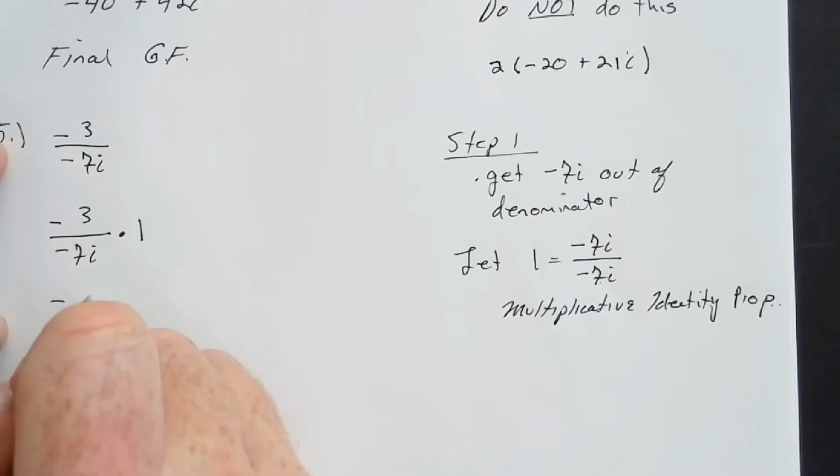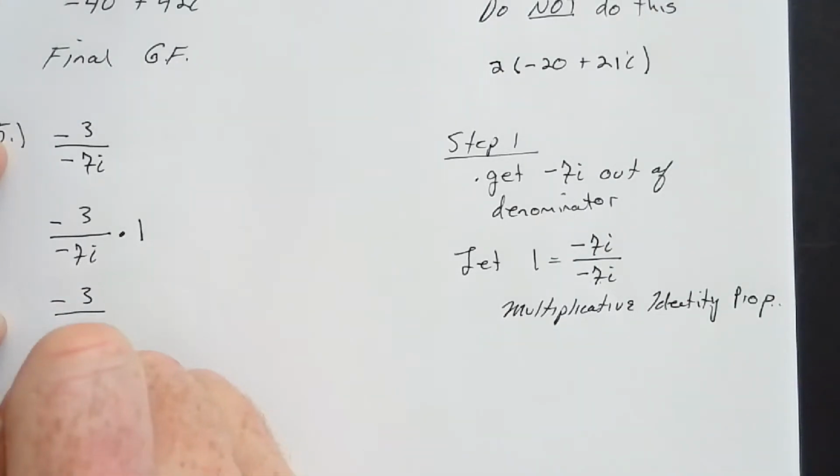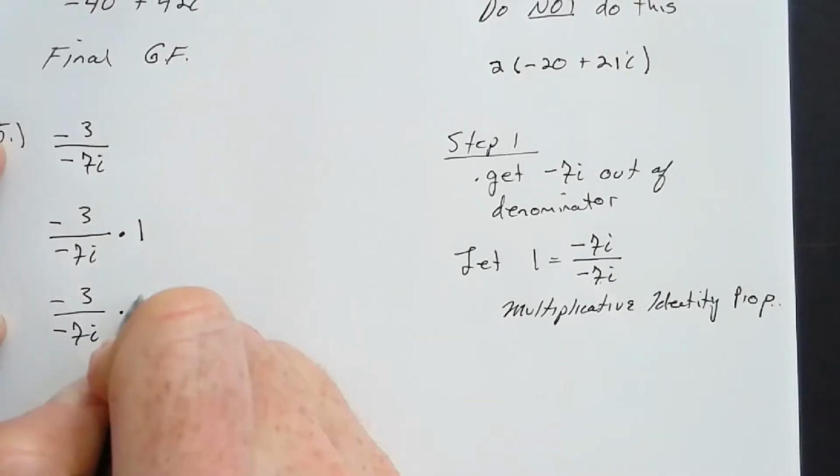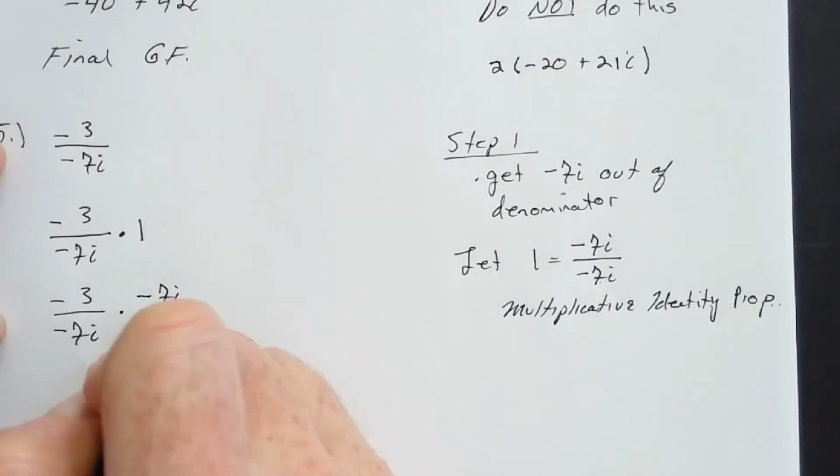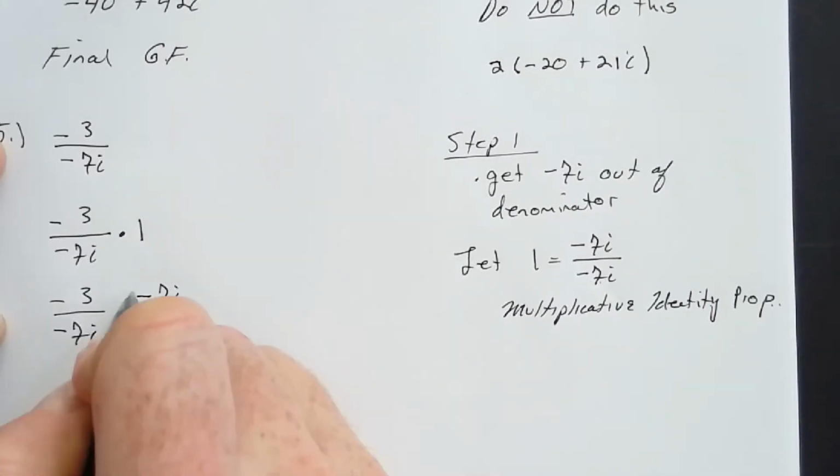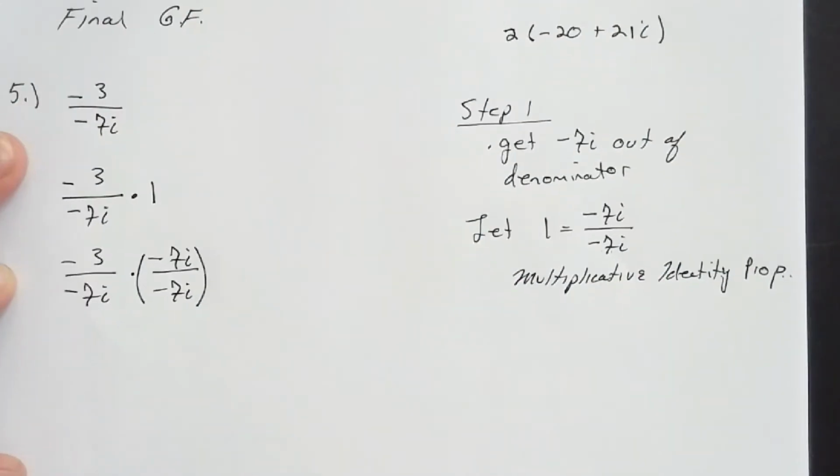In this case, what we have is minus 3 over minus 7i times this.